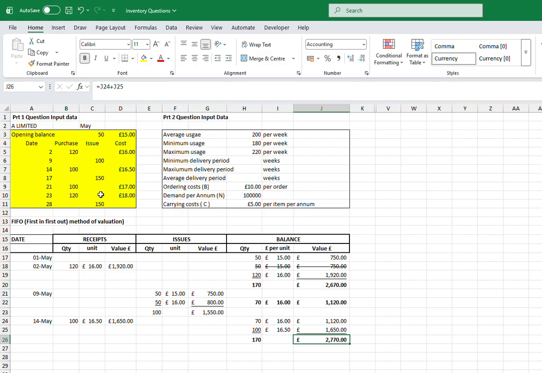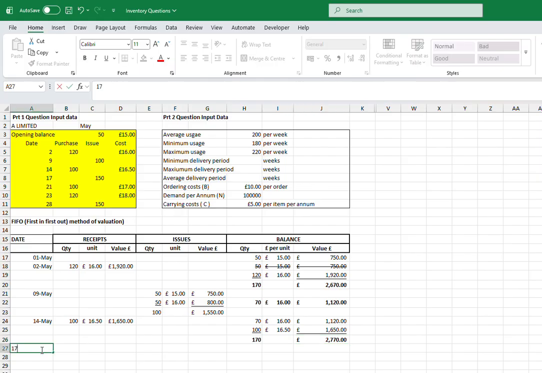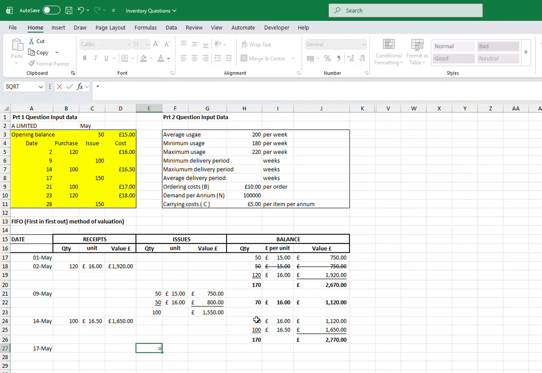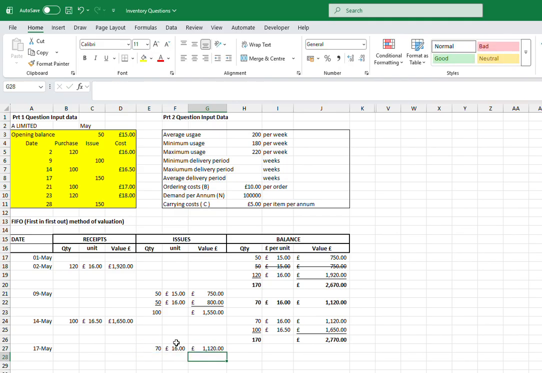Then we've got the 17th of May. I'm not going to do all these, it's really just to show you. On the 17th of May, there's an issue of 150. We can see that we don't have 150 all at the one price. So we're going to take the 70 at £16.